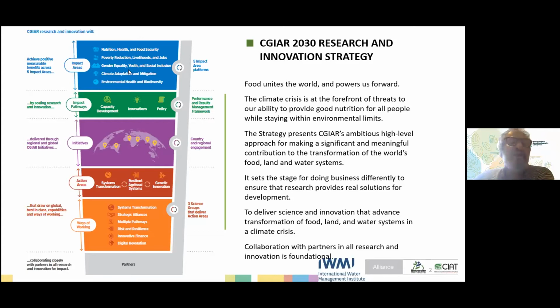It has impact areas: agriculture and health is one impact area; poverty reduction, livelihoods and jobs is the second; gender equality, youth and social inclusion is the third; and climate adaptation and mitigation and contribution to biodiversity, again recognizing that agriculture is responsible for land degradation and biodiversity loss, and those are very important, particularly in the context of the nature positive solutions.